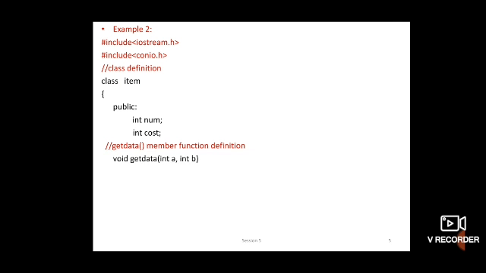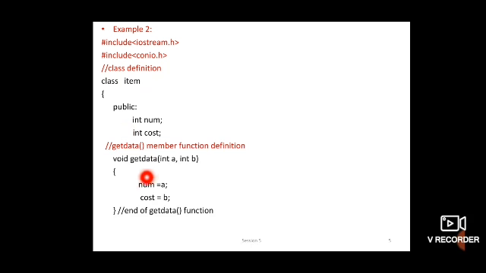Now see, the first member function is defined. So begin. Here num is equal to a and cost is equal to b. Then end of the getData function. Now what is the meaning of this statement? Num and cost are the main variables, globally declared.